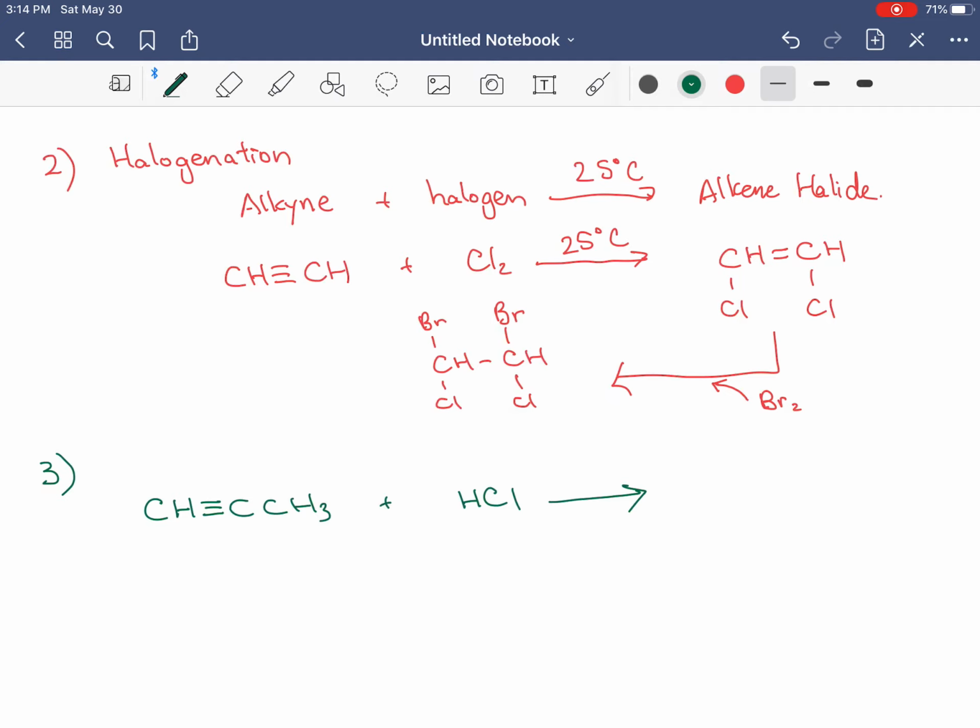What about alkyne? Does Markovnikov rule apply to alkyne too? Of course it does. Okay? Because if you think about it, the idea is really the same thing.